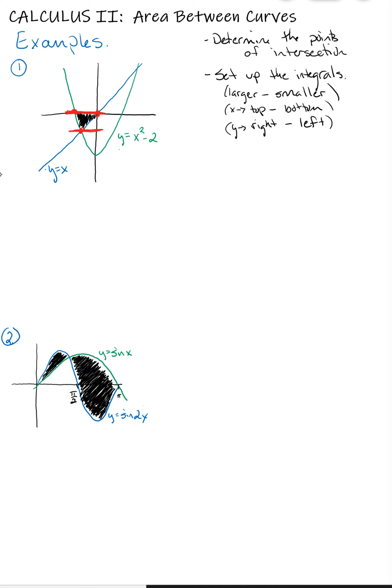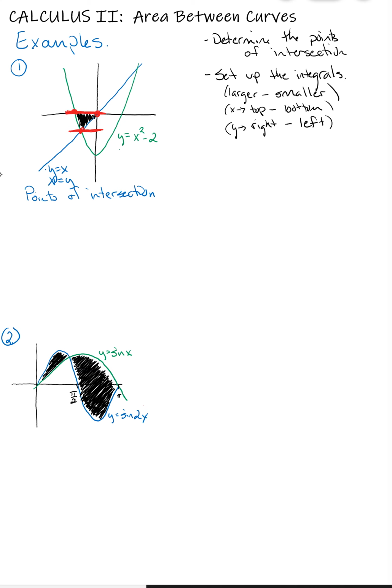So let's see. First, let's determine the points of intersection. So what are the y values where these intersect? Again, since I'm looking at this in terms of y, let me properly write this: intersection, not intercept. Okay, I'm looking in terms of y, so I do want to take a second and rewrite these. This is x equal to y, so this is x as a function of y.